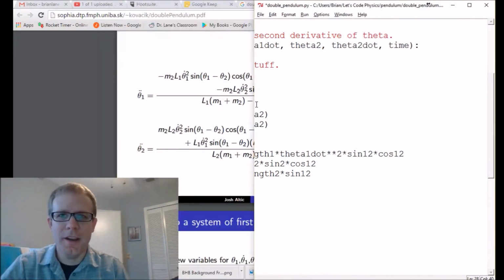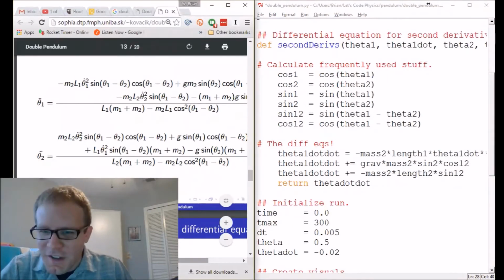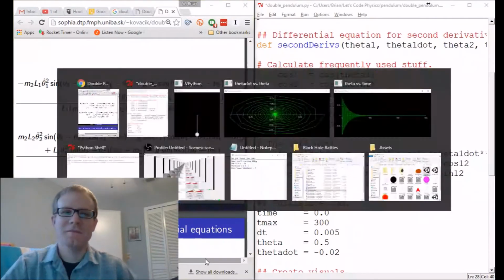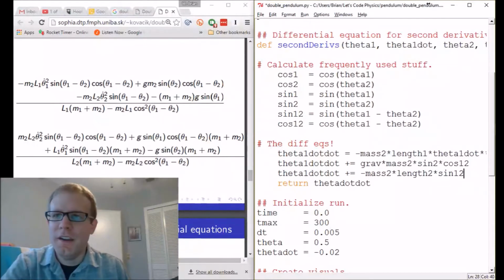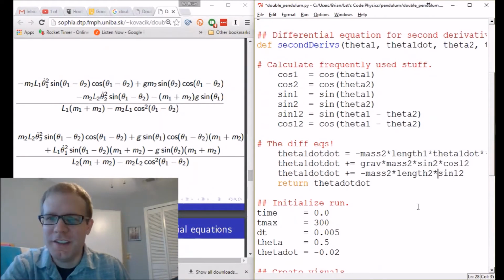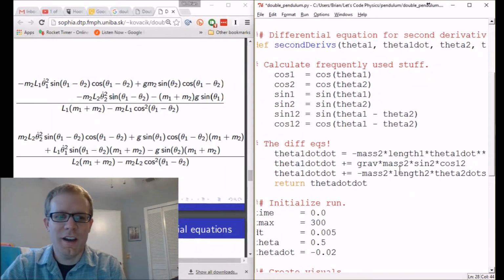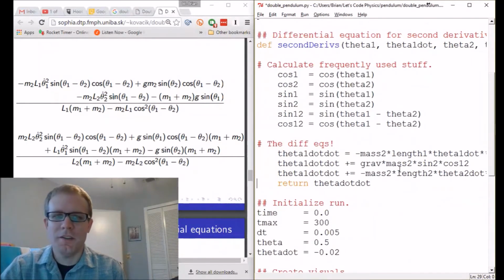You know what? There is a better way to do this, thanks to Windows. You don't say that very often. Sine 1, 2. Okay, cool. So negative mass 2. Oops, I missed something. Now I'm glad I changed that. Negative mass 2, length 2, theta 2 dot squared times sine 1, 2.